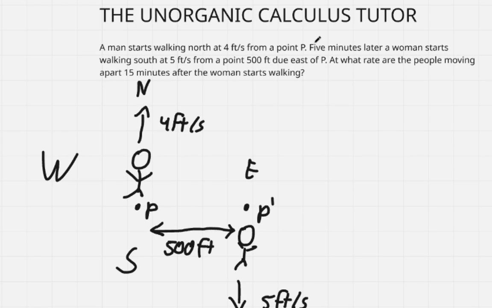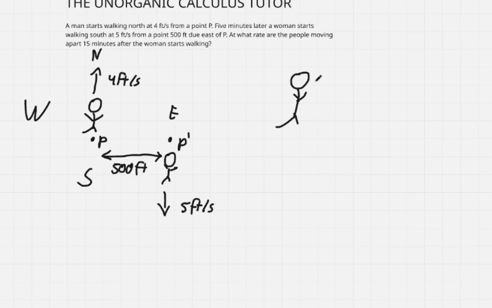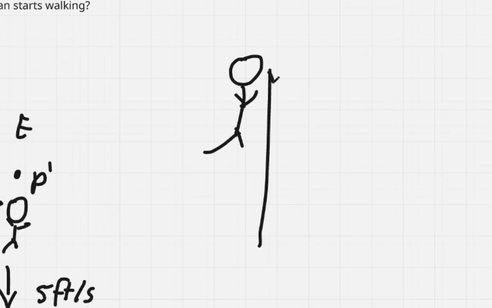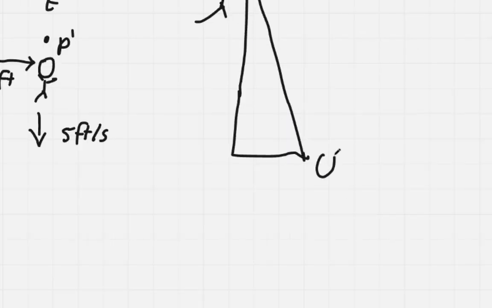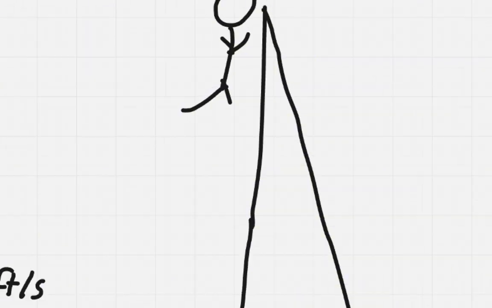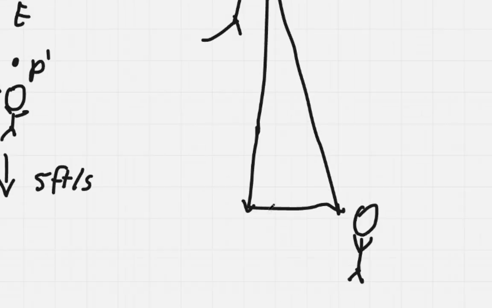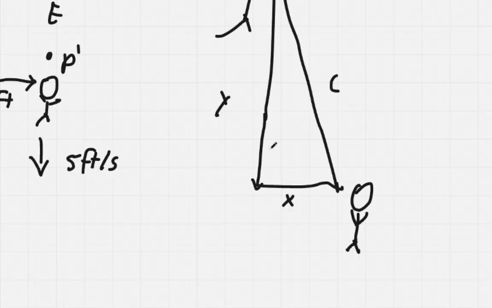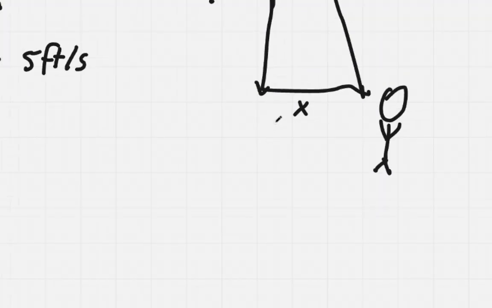So we visualize this problem by drawing it, and we're going to look carefully because over here this forms a right triangle where this keeps increasing and this keeps increasing. Let's call these X, Y, and C. Because they never move outwards, X will never change.